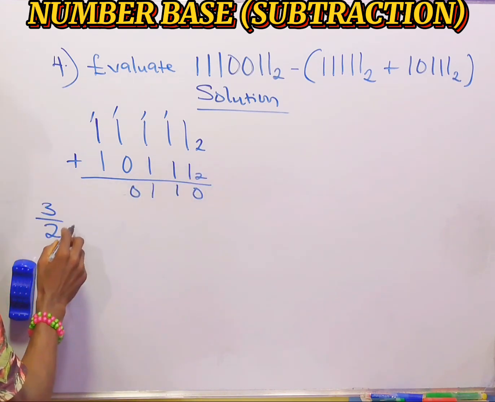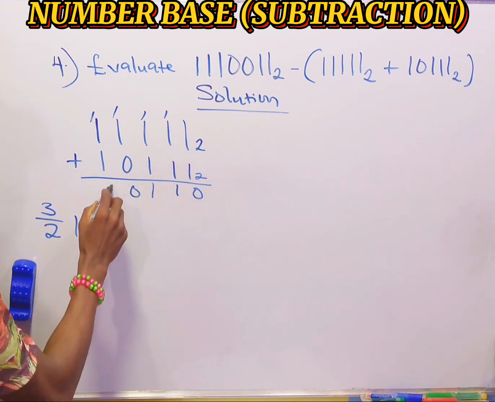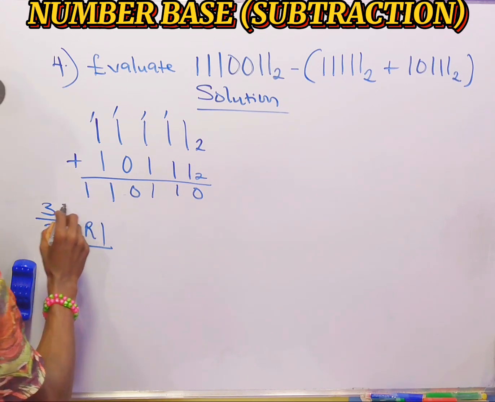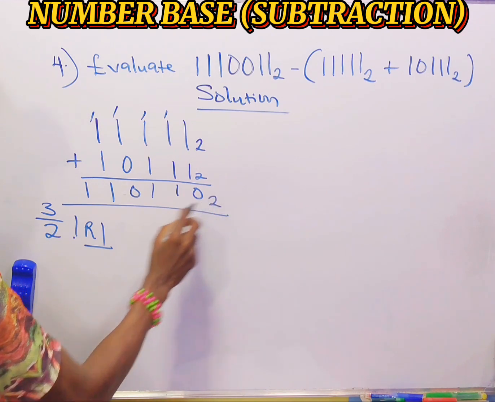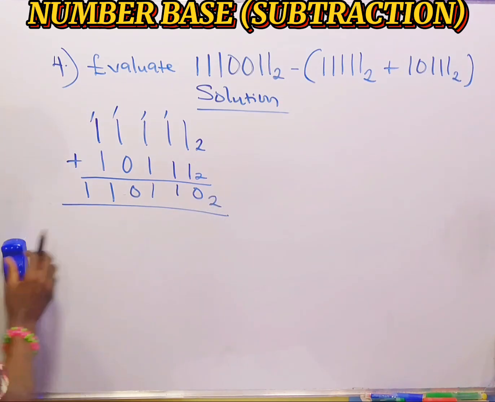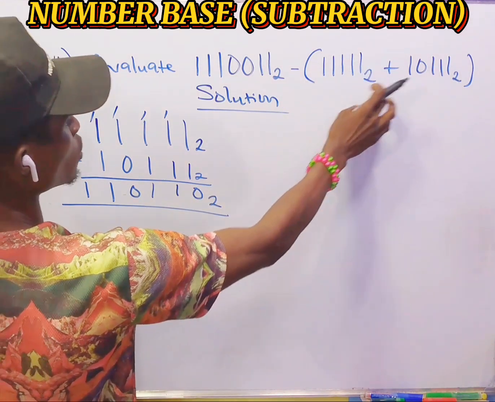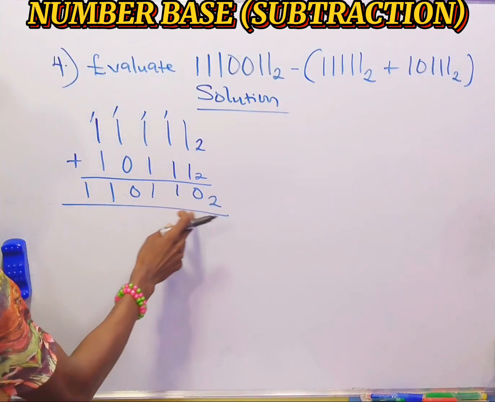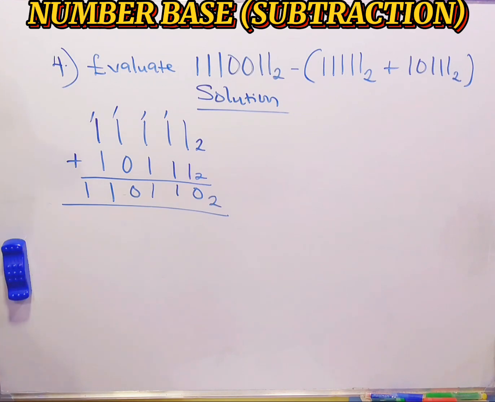We say 3 divided by 2, which is 1 remainder 1. You write your 1, and the other 1 you add to the front. That gives us base 2. So the addition of 11111 base 2 plus 10111 base 2 is 110110 base 2.